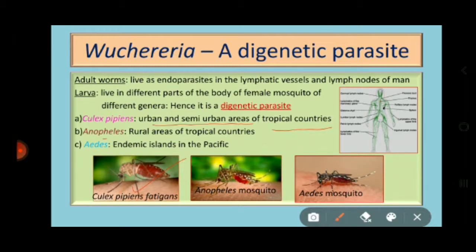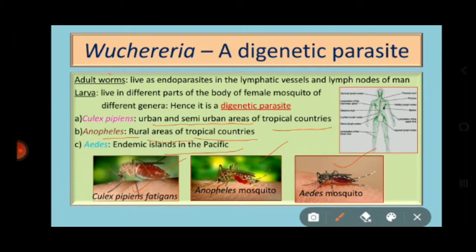Whereas the Anopheles mosquito, mostly in rural areas, also spreads the disease and acts as a vector for Wuchereria. And in some endemic islands of the Pacific, even the Aedes mosquito spreads the disease, acting as a vector or intermediate host.